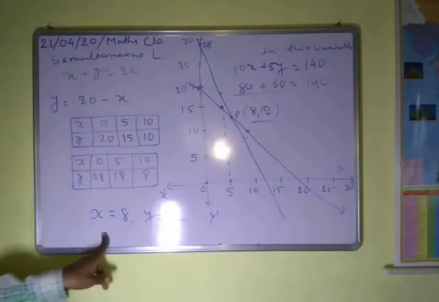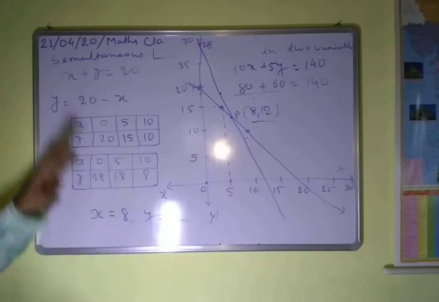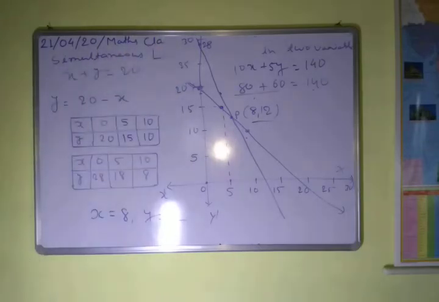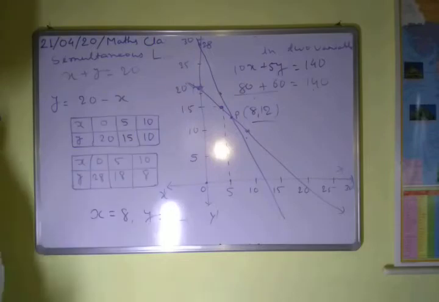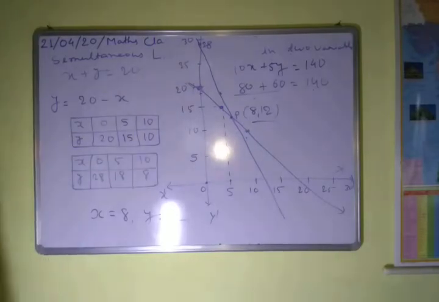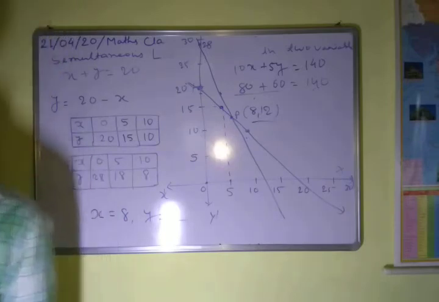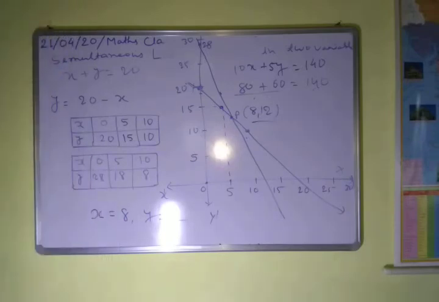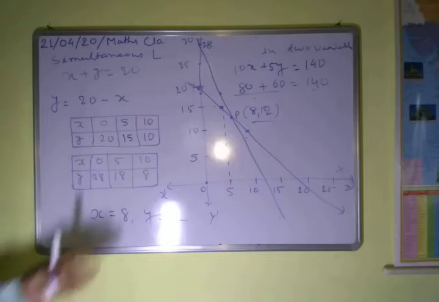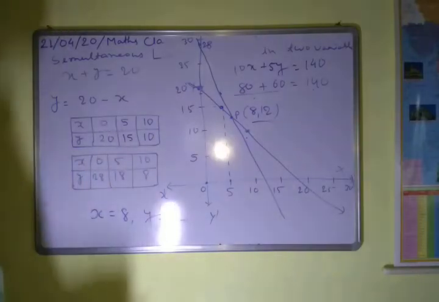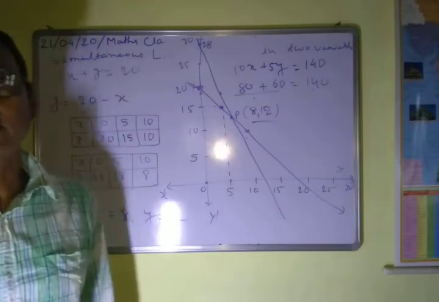So this is the graphical solution for this simultaneous linear equation in two variables x and y. This is all about how to solve simultaneous linear equations in two variables by using the graph.